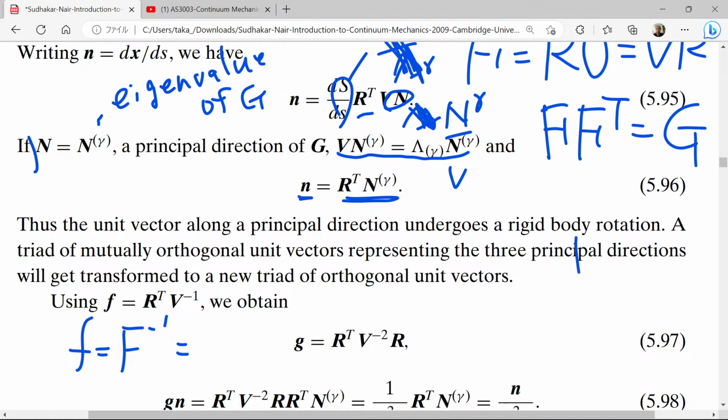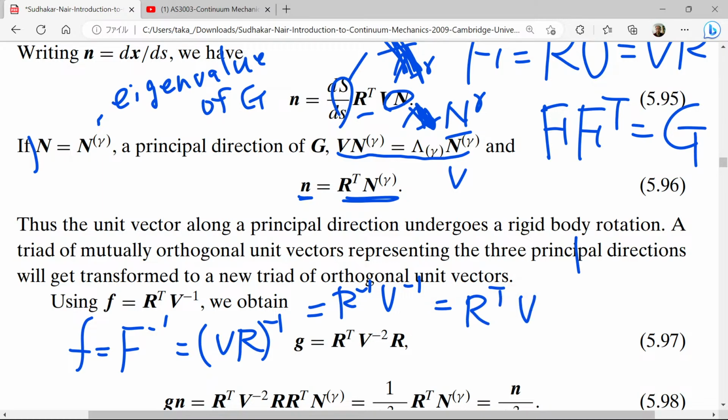Right? So then F inverse is VR inverse. This is like R inverse, V inverse. Then R inverse is R transpose because this is an orthogonal matrix. Then you have V inverse.